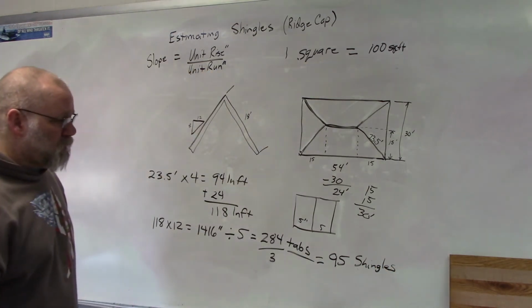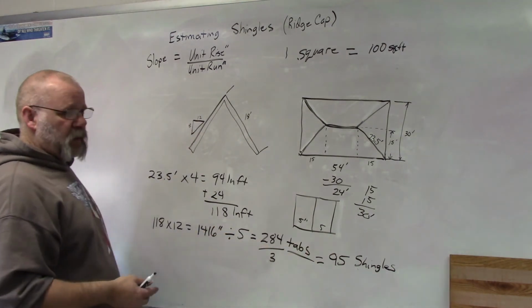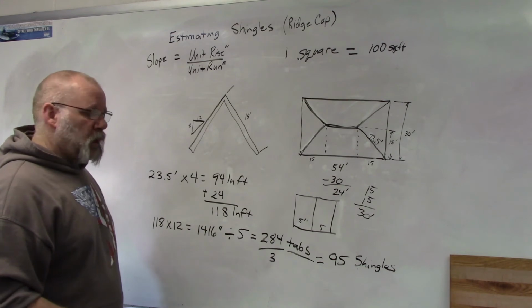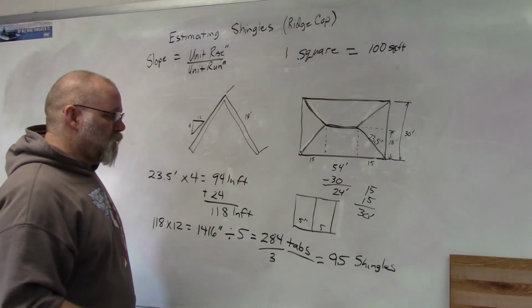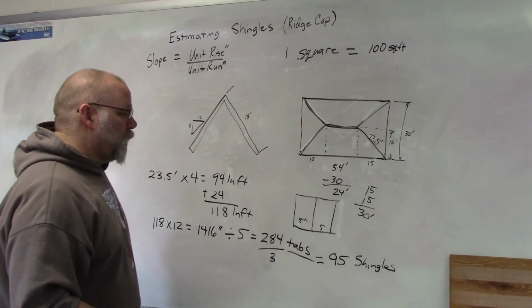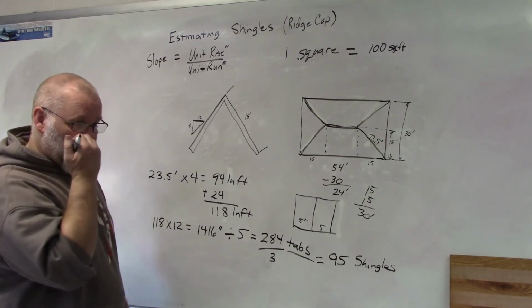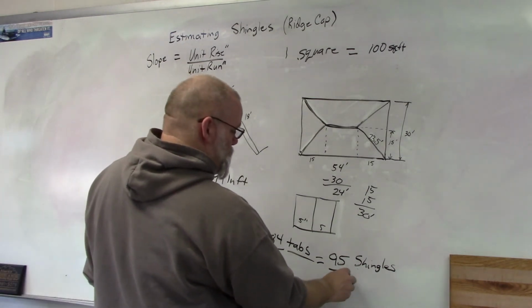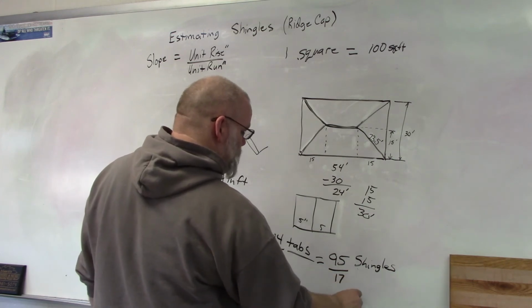Okay, so I've got 95 shingles. Well, that still doesn't help me because I'm buying them in bundles. How many shingles are in a bundle? 3-tab shingles, depending on the brand, are going to be about 17 shingles per bundle. So I'm going to divide by 17.